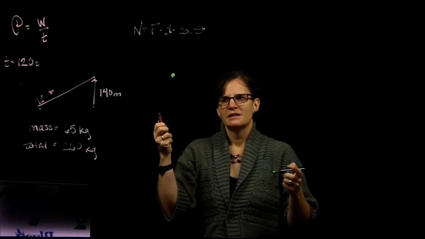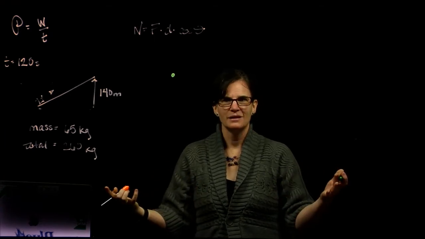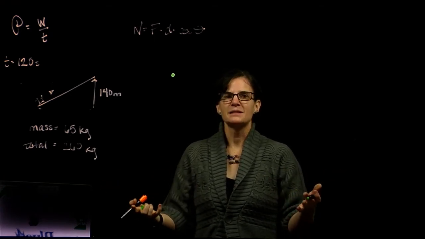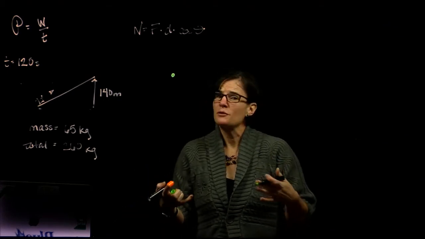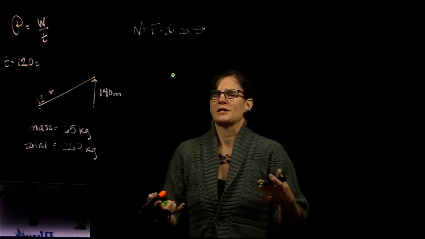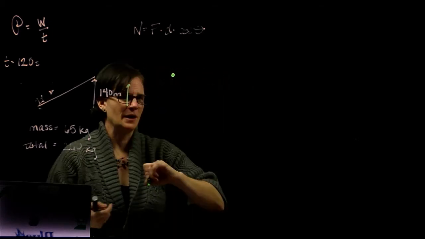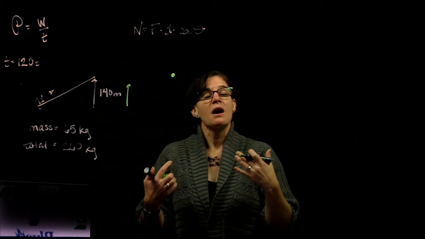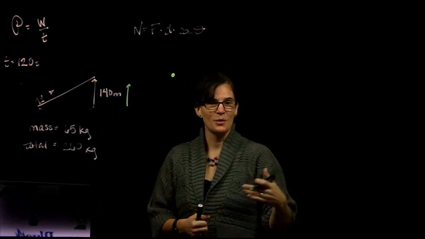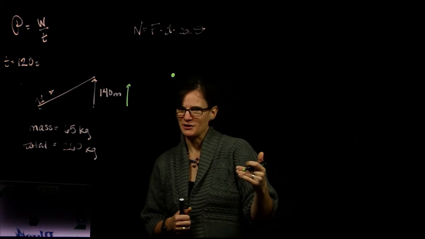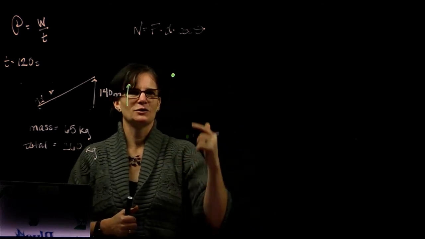that the work is whatever that force is being exerted times the distance it's being exerted. The work is the force relative to the distance direction, and we know that the distance direction is in the vertical direction. So the component of the force by that tow rope has to be the component in the vertical direction.